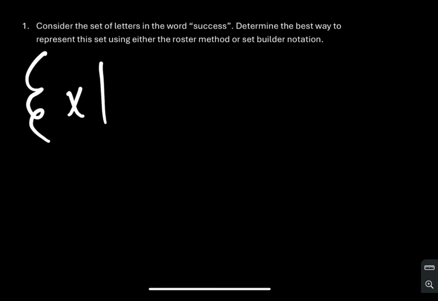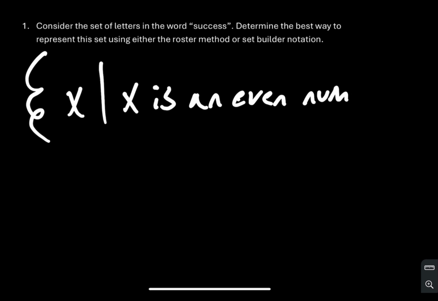So I have a variable to denote that this variable represents every element in the set. So I'm going to say x is our variable that's going to represent all elements in the set. And then we have a condition that follows. So I'm going to say x is an even number. So that's what set builder notation and roster method are.